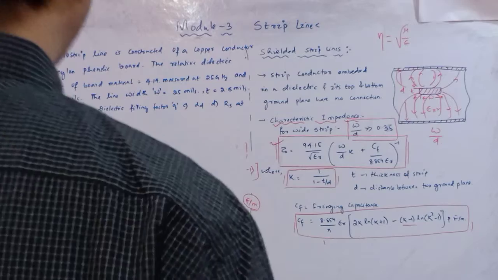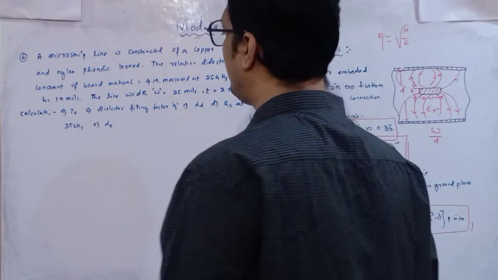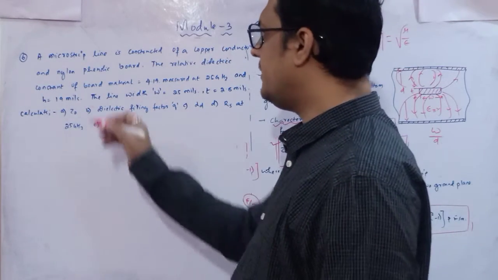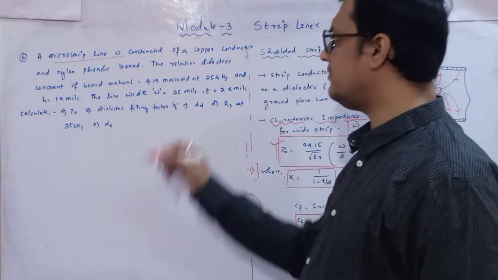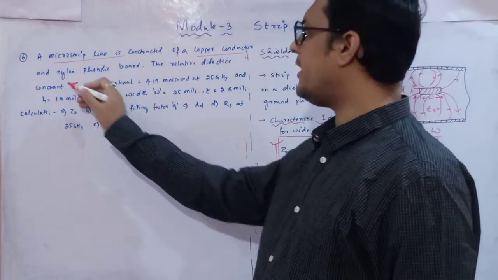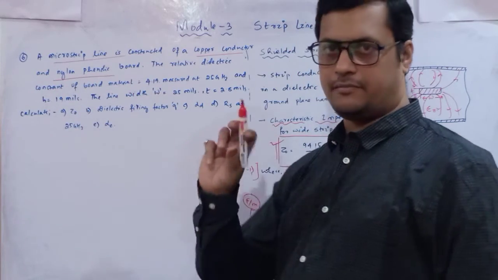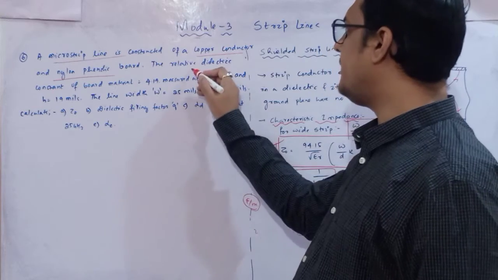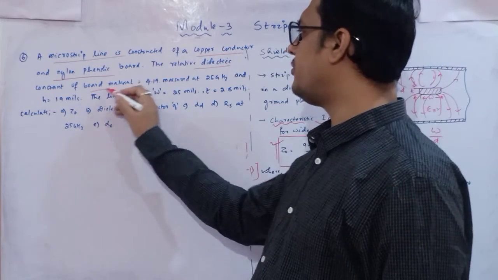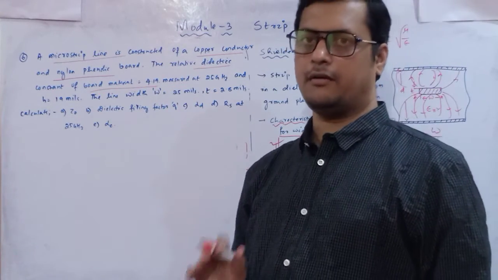So this is one more question. A microstrip line is constructed with a copper conductor and the dielectric medium is a nylon phenolic board, and the relative dielectric constant for the board material is 4.19.